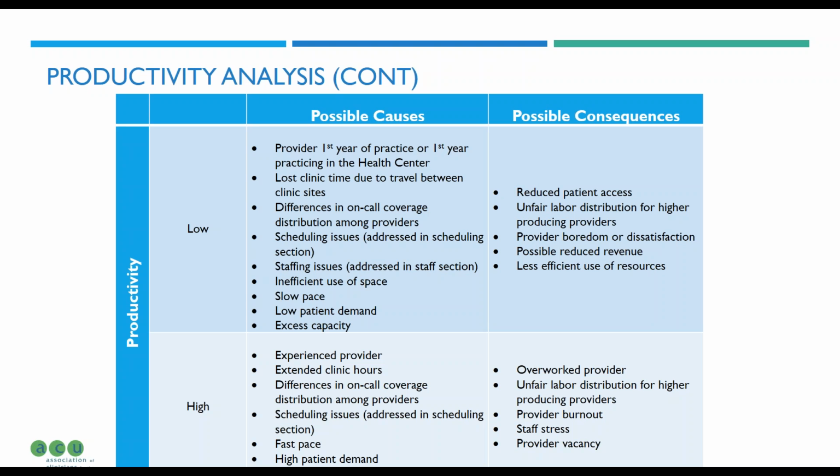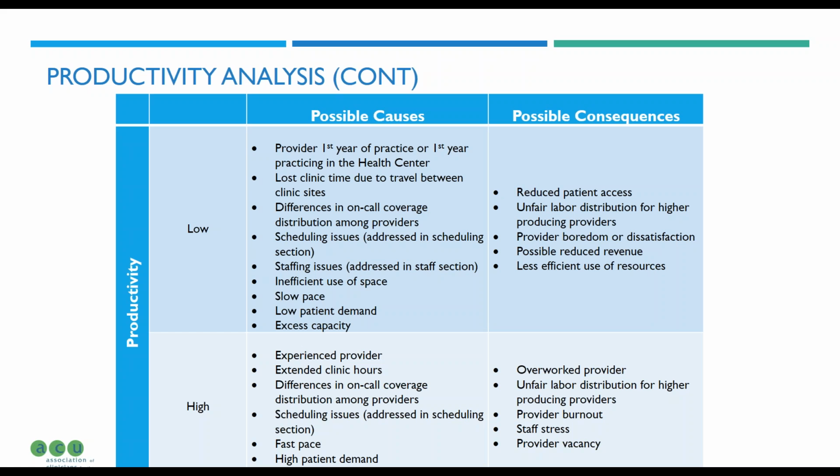You could also have unfair labor distribution, that higher producing providers are seeing most of the patients. You could have boredom or dissatisfaction for those providers who are experiencing excess capacity, that there's just too many providers, reduced revenue, and it's clearly a less efficient use of resources. Again, that might be your business plan because of growth. So you really need your team to sit down and talk through all these things.